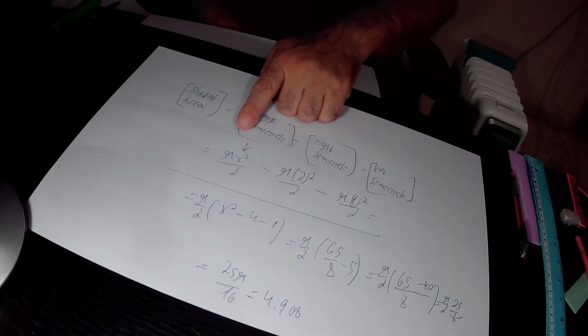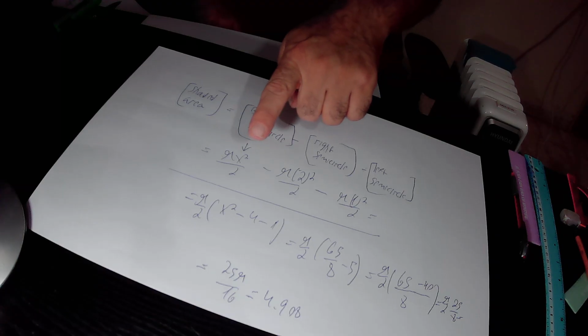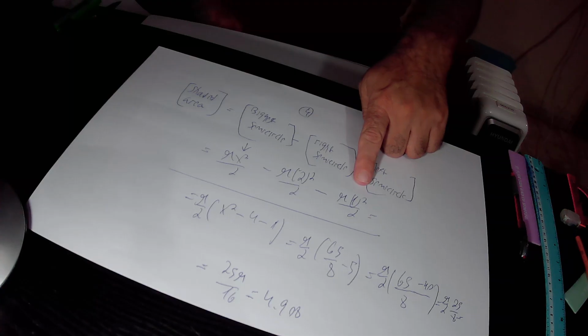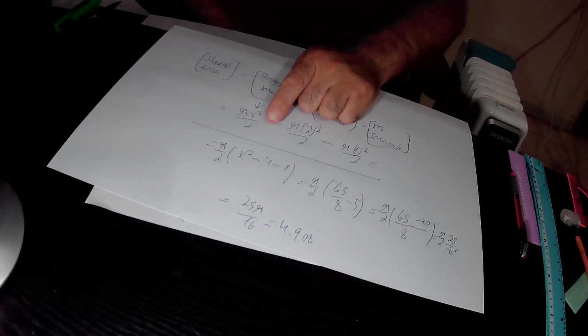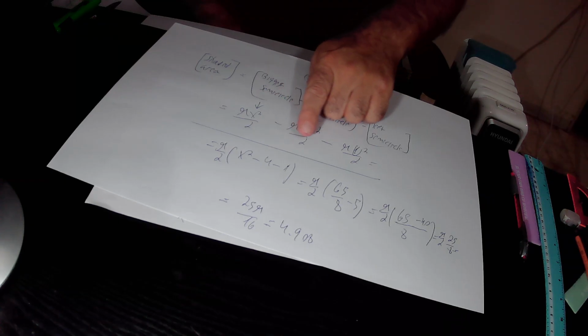So here we took pi over 2 as a common factor out of those two expressions, so inside the brackets we left here x squared, and we left with minus 4, and from this expression we left only with 1. So in total, the value of the shaded area equals to pi over 2 times x squared minus 4 minus 1.